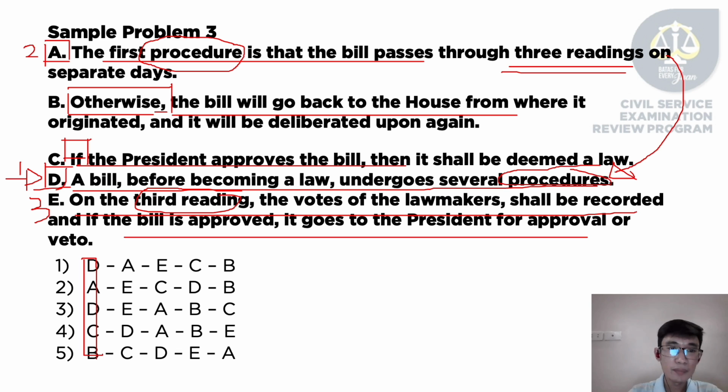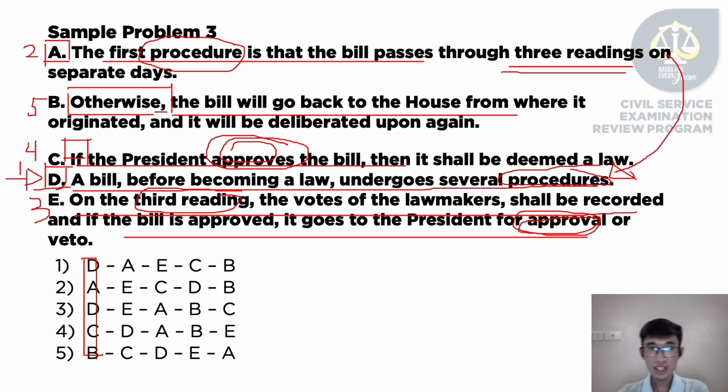And then, for your fourth sentence, no? It is letter C. Bakit? Why did I choose letter C? Okay, look at this. So, in the third sentence, sabi niya, if the bill is approved, it goes to the president for approval or veto. Okay? Now, approval, and the other sentence talks about the president approving the bill. Okay?